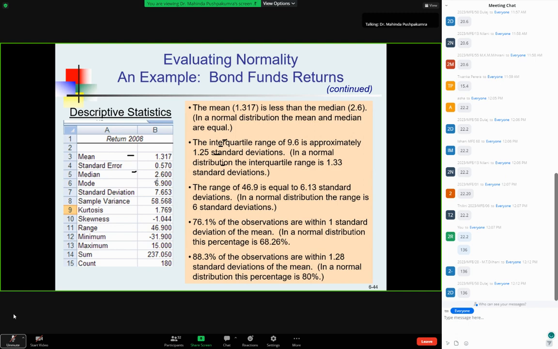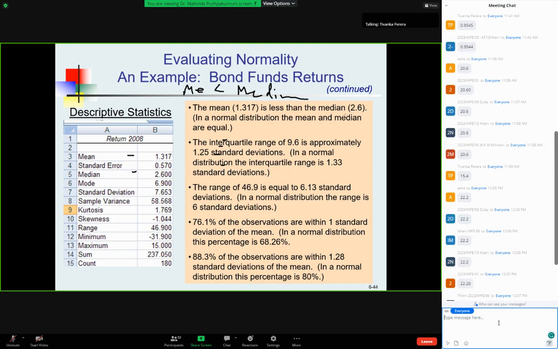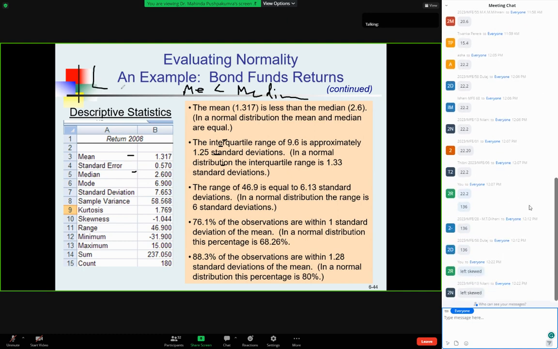Whether it is left or right skewed? Yes, left skew. It should be a left skewed one like this.